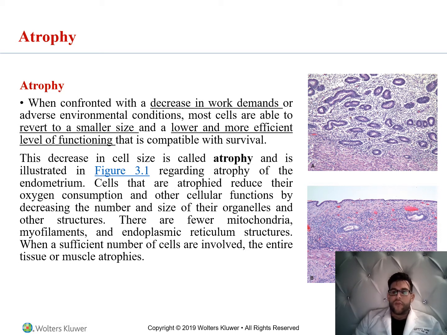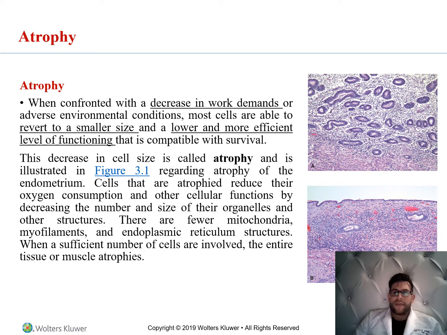Now, you may be wondering what is this picture here. We have an upper picture and then a lower picture. This is a histological picture, a microscopic picture of the cervix of a normal female of reproductive age, and the one in the bottom is a microscopic slide of the cervix of a female in her late 70s.